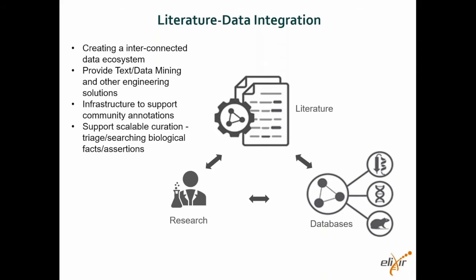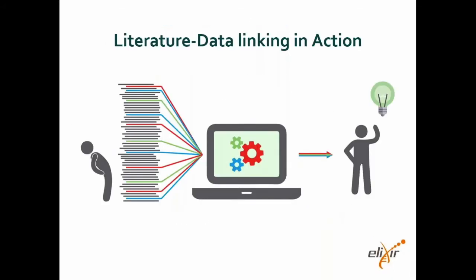So moving on, how have we implemented this literature data linking? As I said, there are two aspects to it. One is linking the available information, which is more of an engineering solution where you make the corresponding connection between the data records in various databases and the literature.